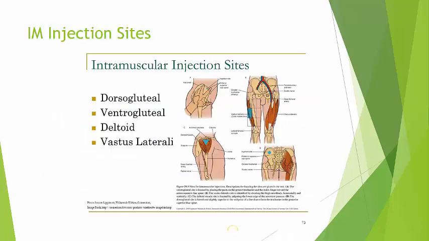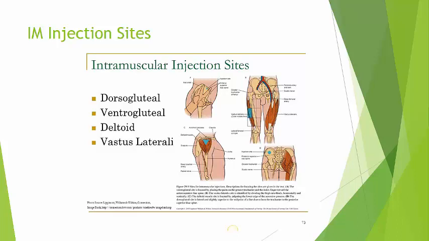Now, with your intramuscular sites, with your IM shots, these injections are going to be faster, like I said, than sub-Q, but slower than IV. And their onset is usually going to be about 10 to 15 minutes. Your common sites are going to be your deltoid and your gluteus muscles. And it just depends on how much volume you're giving and where the easiest place to access on your patient is.